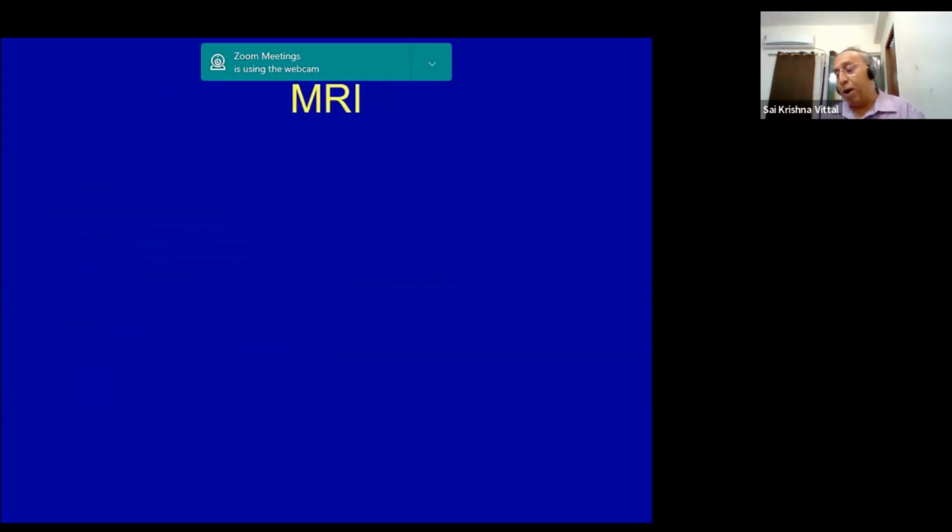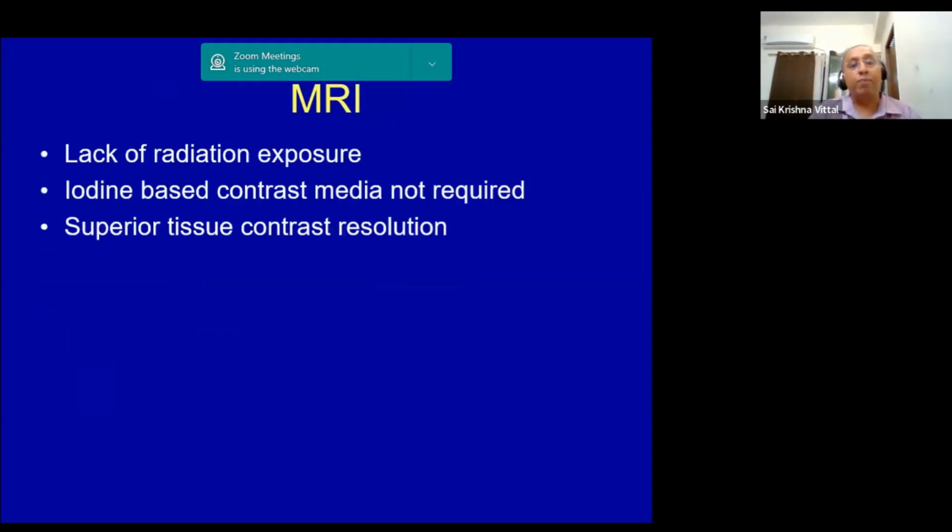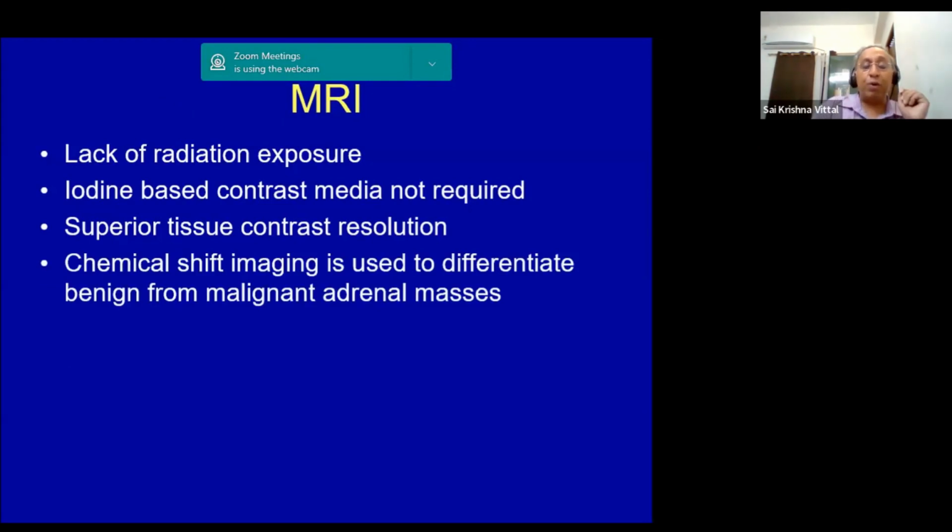So when will you use MRI? In other words, what are the advantages of an MRI? One, there's the benefit of lack of radiation exposure. Iodine-based contrast media are not required, and there is superior tissue contrast resolution. What is the principle of an MRI? Chemical shift imaging is used to differentiate benign from malignant adrenal masses. What do I mean by that?